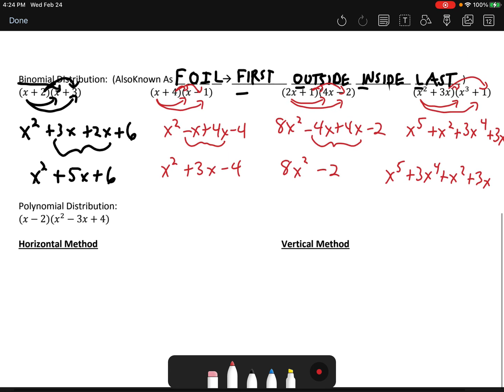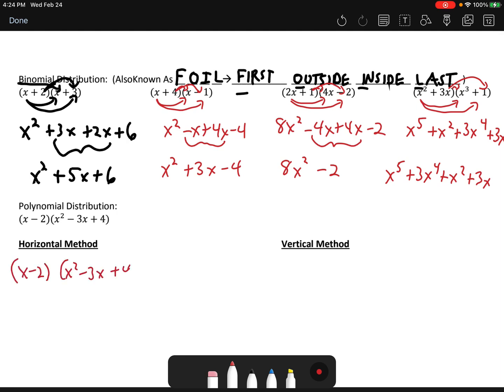The final multiplication is called polynomial distribution, when we have a binomial and a trinomial. Now we have this horizontal method and vertical method and all that. I'm just going to show you one method, and that's just the horizontal method. And, well, I could show you both. So we'll go ahead and do this one first.